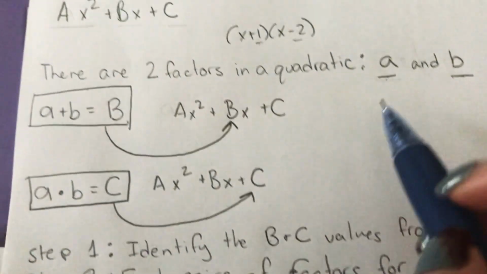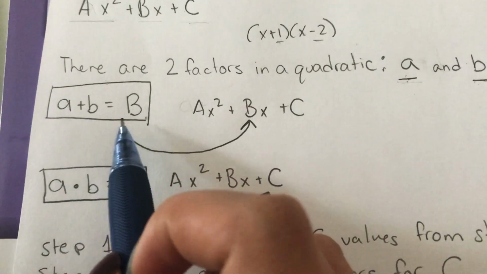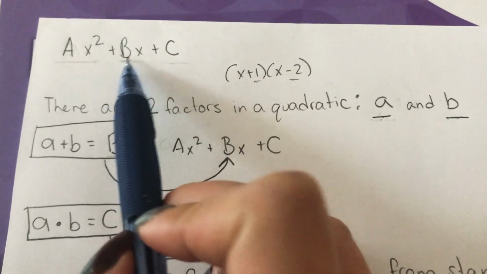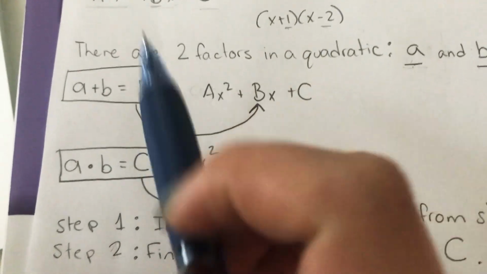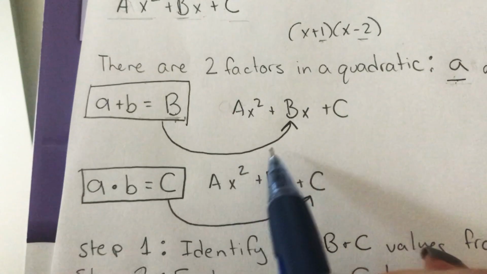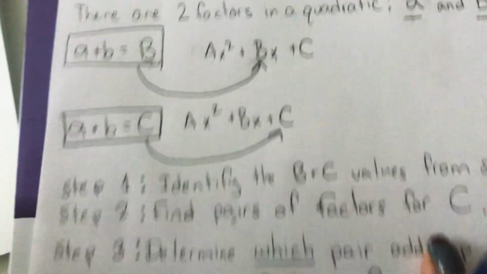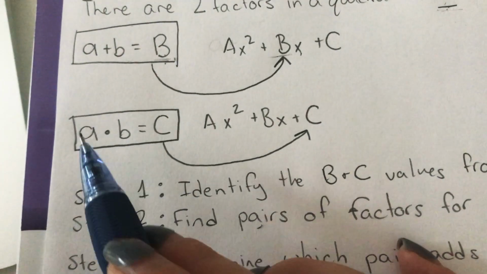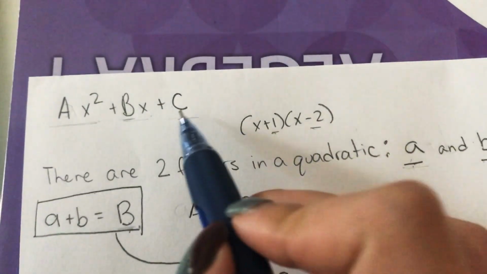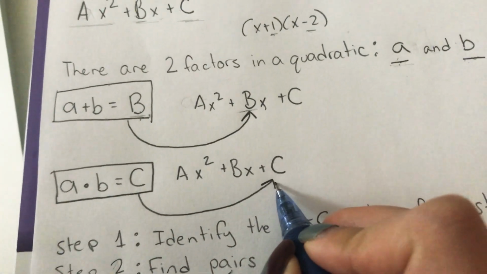We know that our two factors, a and b, when added together equal our b term, our coefficient in front of this x value. This is something we just learned in the last activity. So when we add up our two factors, it gives us this value here in front of our x term. When we multiply our two factors, a times b, it gives us our c term, that constant value in standard form that does not have a variable on it.